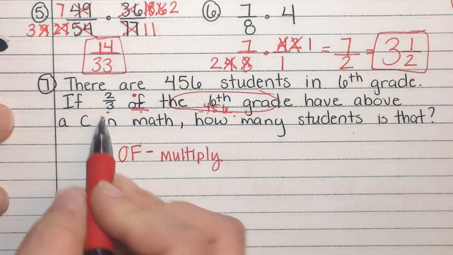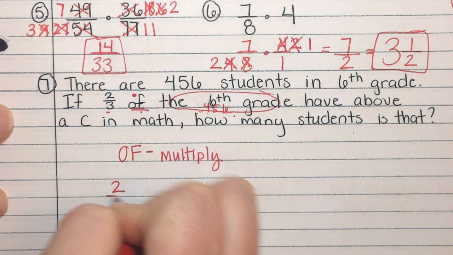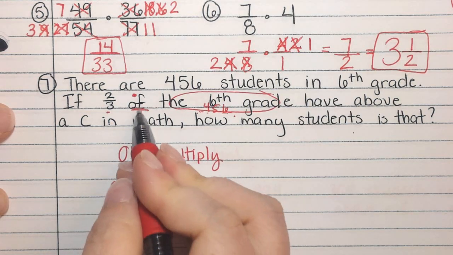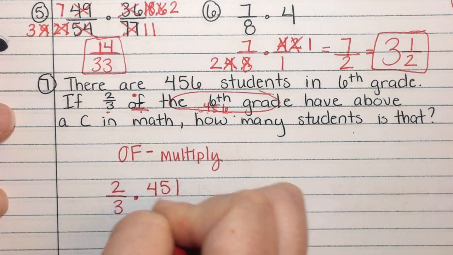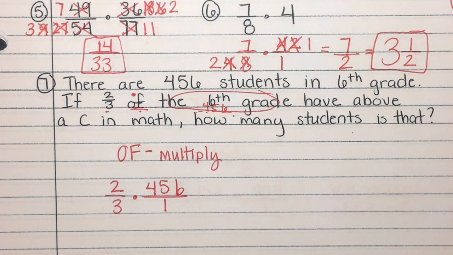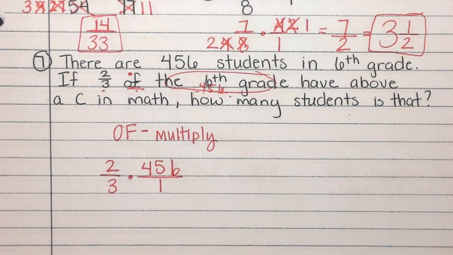Okay, so let's set that up. 2/3 was first, so I'm going to put 2 over 3 times, because of my of, and then 456, I'm going to put that over 1. All right. Now these numbers get a little large, so what we might want to do is just go ahead and multiply 2 times 456.